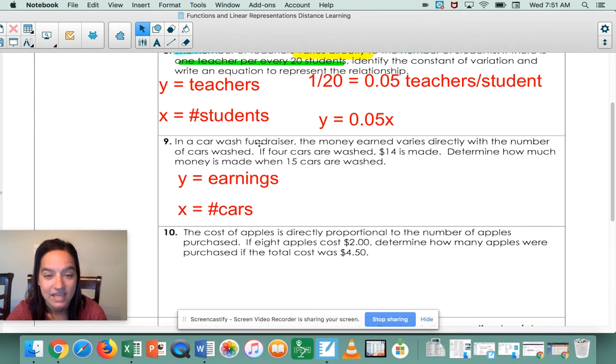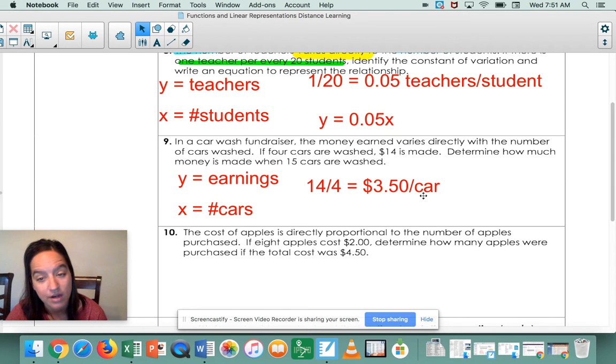Then it said, if 4 cars are washed, $14 is made. So that means my constant of variation is 14 over 4, which is $3.50 per car. Now the next part of this doesn't say write an equation, although I will.